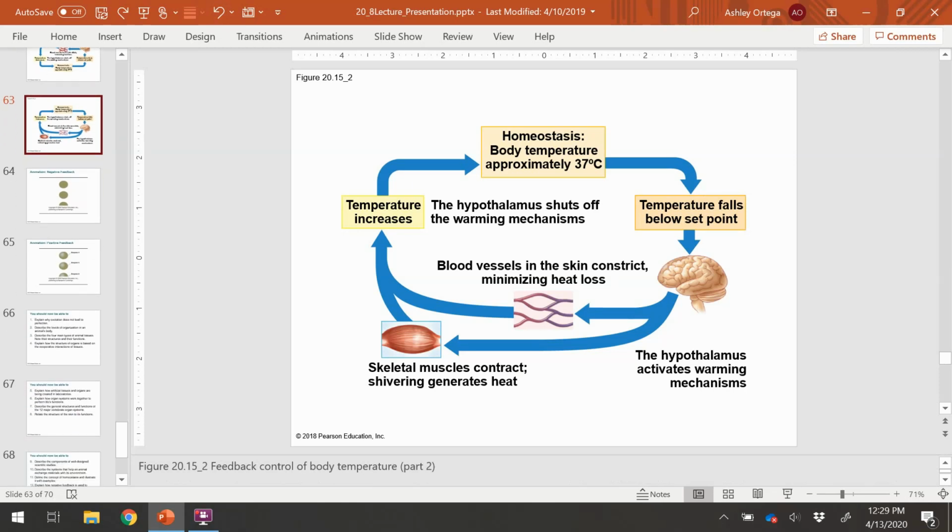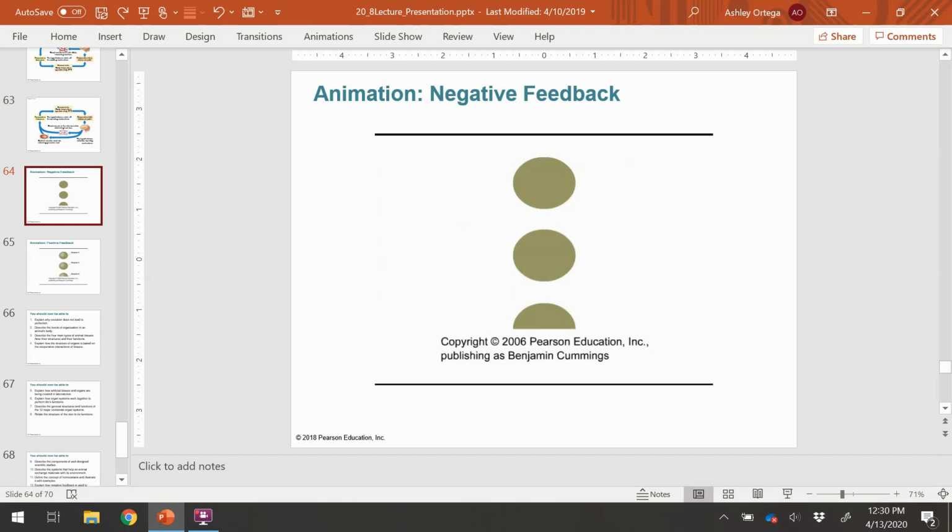Here you can see negative feedback is what is occurring, as it detects the stimulus, the temperature falling below the set point, and then results in something to combat that stimulus. That can be shown here in a short animation of negative feedback in terms of some enzymes.